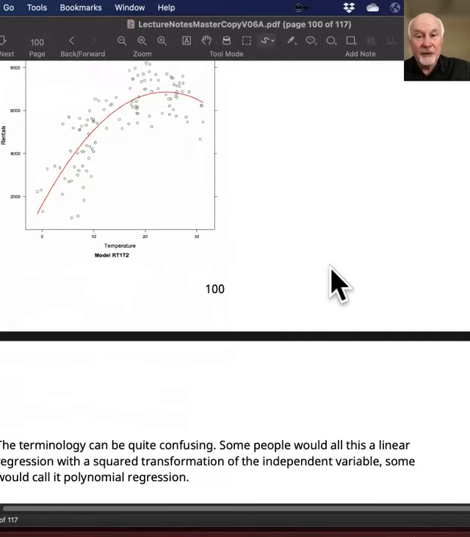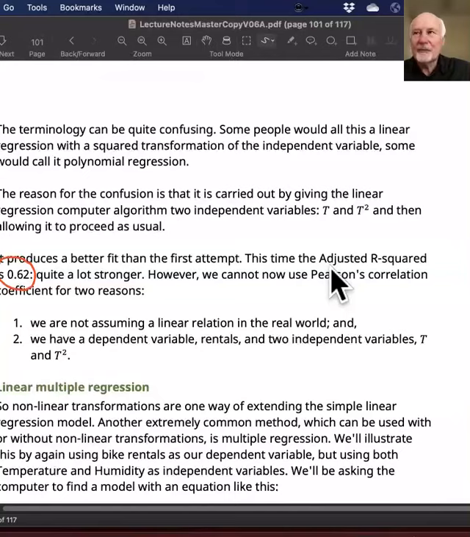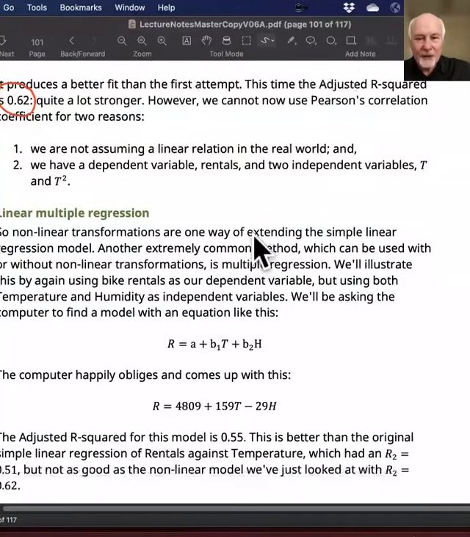Sometimes they just do it because it gives them a better model, but that is, how can I put it? It can be a questionable practice. It's something you just need to watch out for.